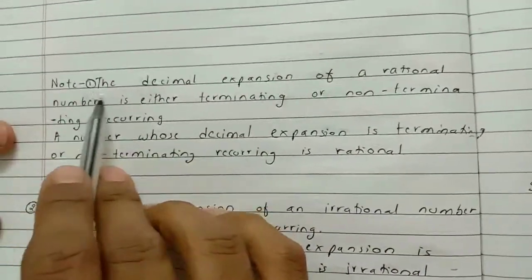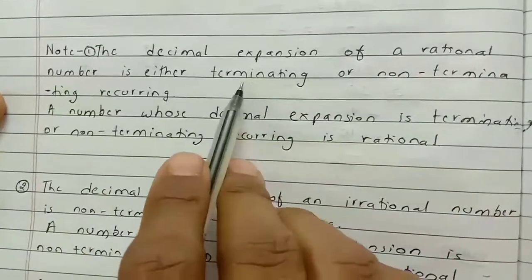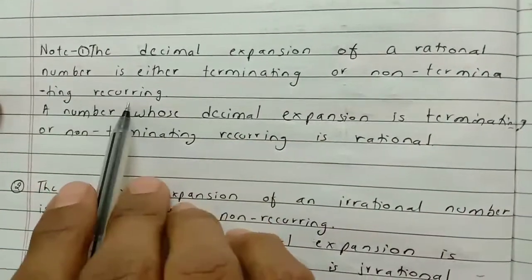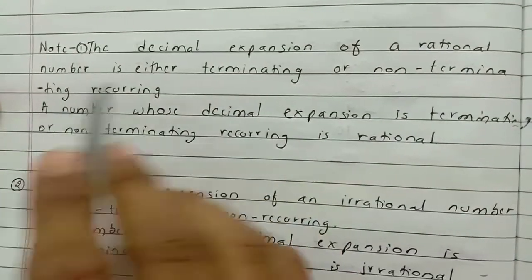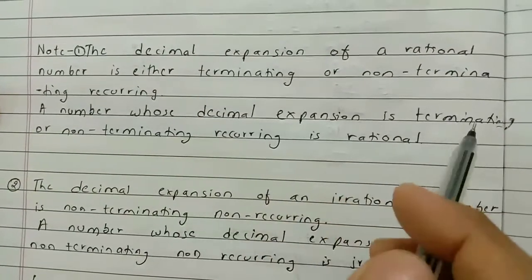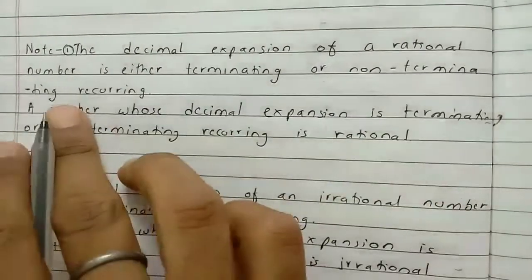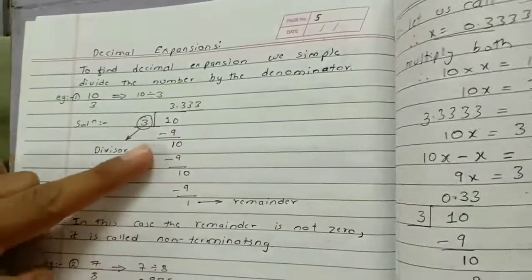Now we can summarize this: the decimal expansion of a rational number is either terminating or non-terminating, recurring. This can be said as: a number whose decimal expansion is terminating or non-terminating, recurring is rational.